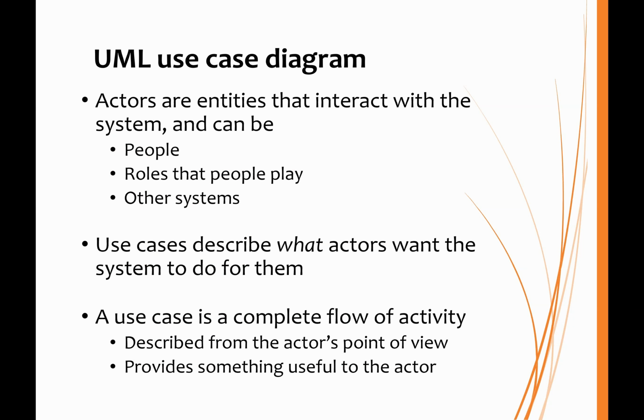In a UML use case diagram, we have actors, which are entities that interact with the system, and use cases, which are what the actors want the system to do for them. Actors can be people, or they can be roles that people play, or indeed they can be other systems. And the use cases are complete flows of activity described from the point of view of the actor, and it's something that will be useful to the actor.